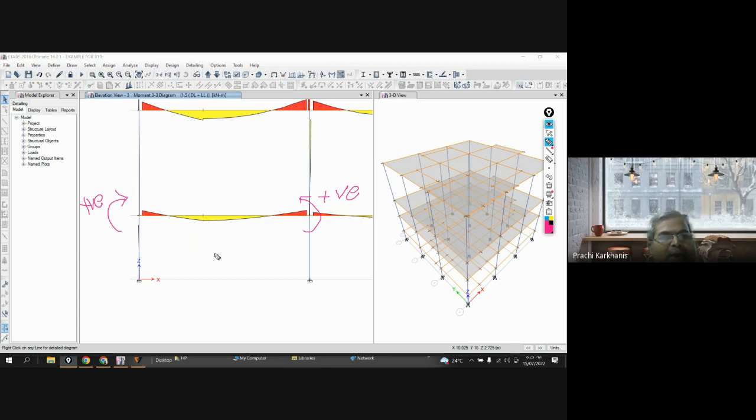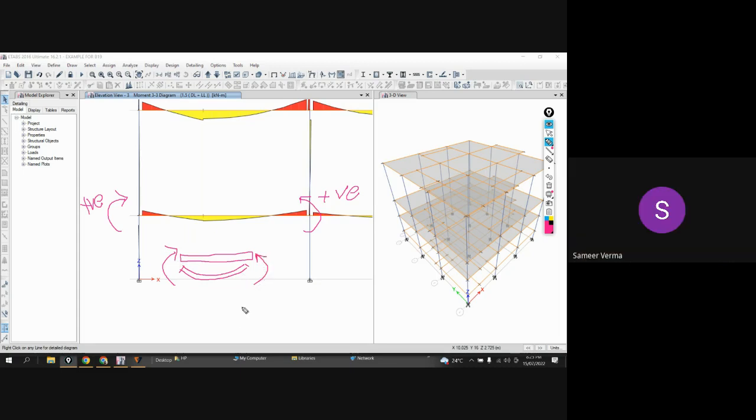See, if you find this element, let's say this is your beam. Now, if the beam is deflected in a sagging direction, then you will have to apply a moment like this. Yes, sir.